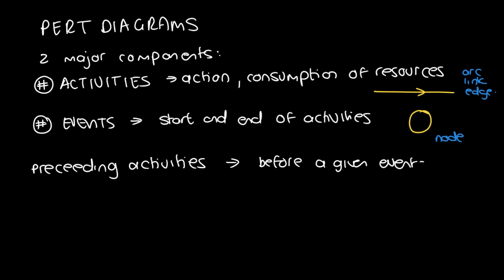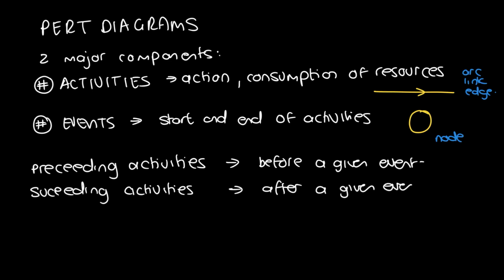Okay? And then you're going to have succeeding activities. And these are activities that can only happen after a given event. So let me just write down after a given event. So these two things are going to help you figure out the order of your diagram layout.